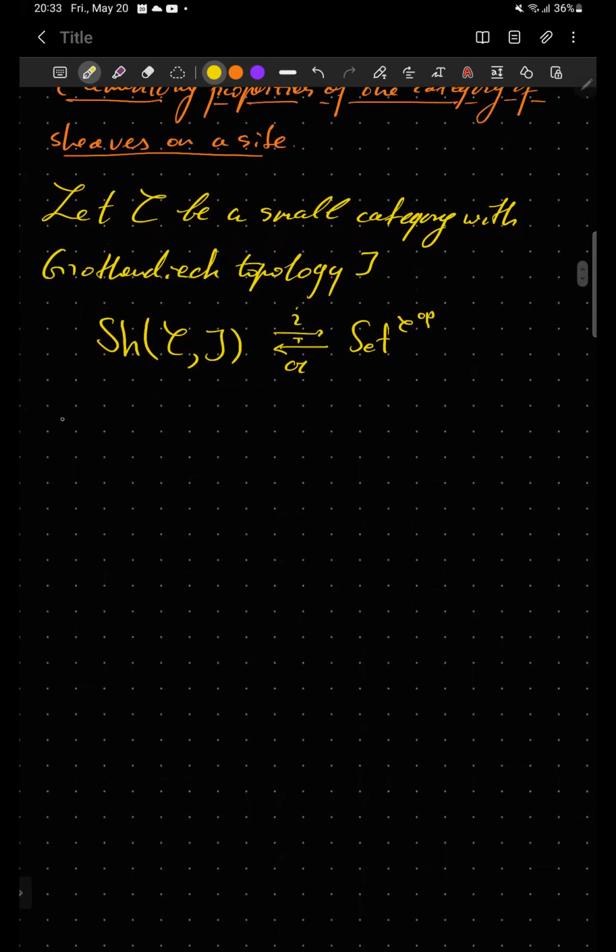Yeah, the sheafification functor was defined last time. And recall that arbitrary limits exist in the category of sheaves, and they're computed pointwise.